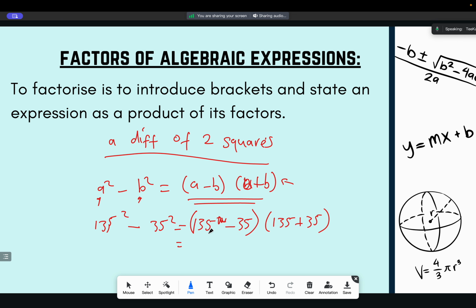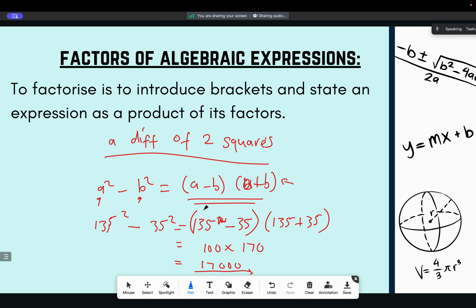This one will give us 100, and multiply, because if we don't have a sign here, it means we are multiplying, and this one will give us 170, and then this will give us 17,000.